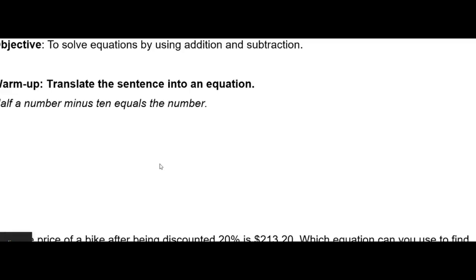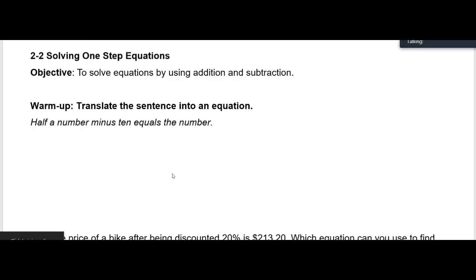Okay. So as part of the warm-up, we want to write half a number minus 10 equals that number. So half is 1 over 2.